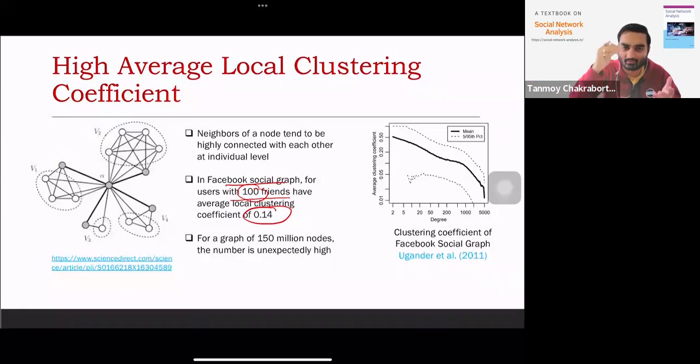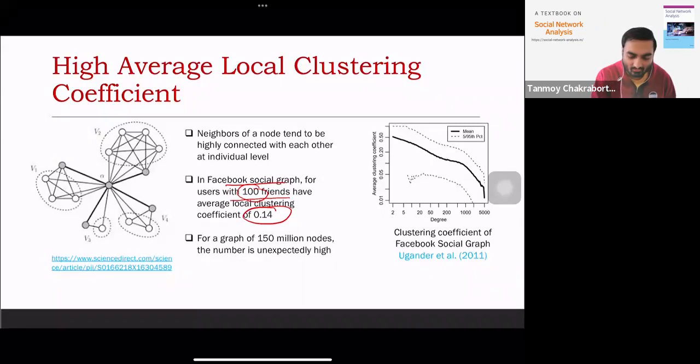Because ultimately, when you calculate the local clustering coefficient, the denominator is very important. And the denominator is dC2, where d means the degree, right? So if this grows, it is very unlikely that the numerator will also grow at the same pace. So our intuition says that nodes with high degree generally have a lower clustering coefficient, which is also true.